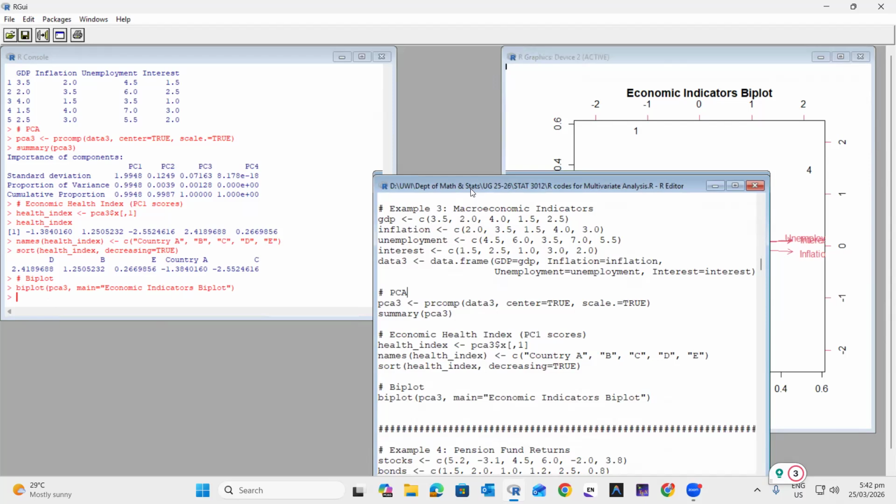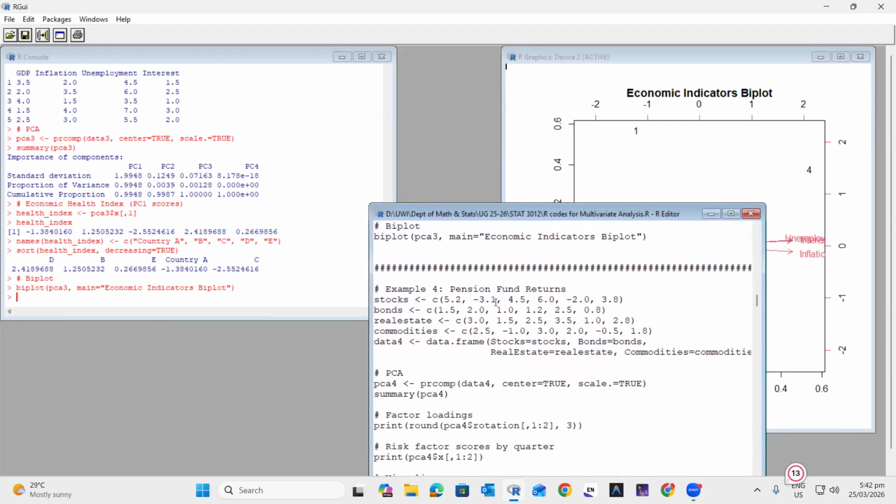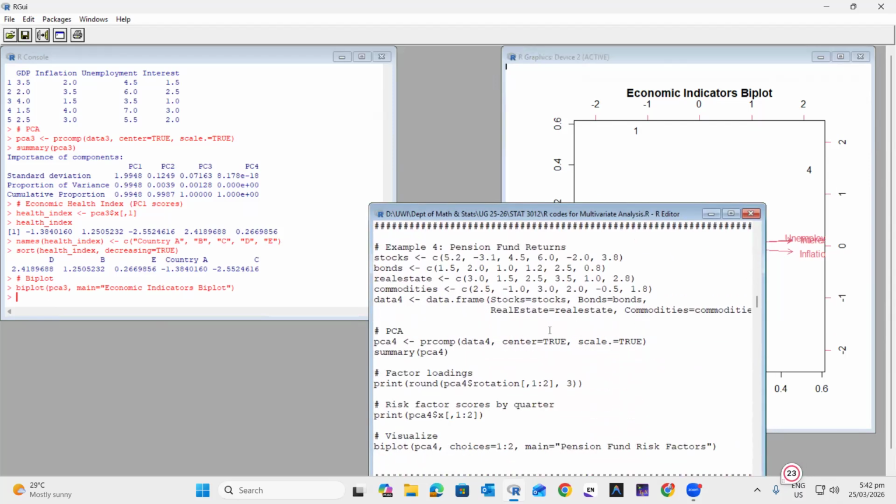Now we will go for another example, that is the pension fund returns. Here we will check the other things of our given data set.